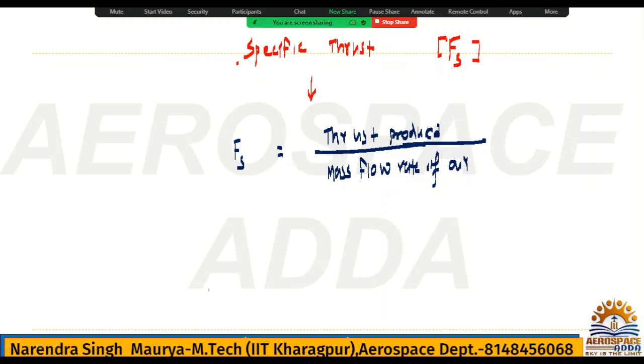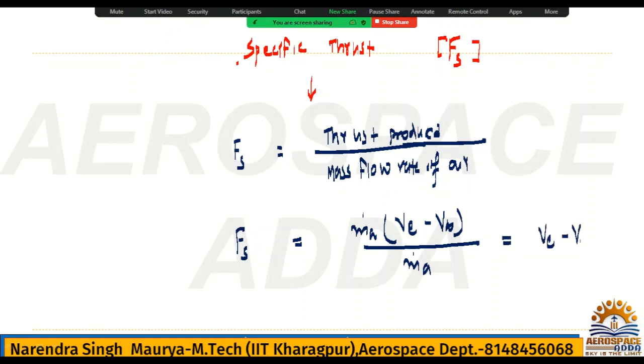In general, what is the thrust produced? Fs is equal to... if I neglect small f, which is the fuel air ratio, it will be m dot a (ve minus v infinity) divided by the mass flow rate of the air m dot a. It is nothing but ve minus v infinity.